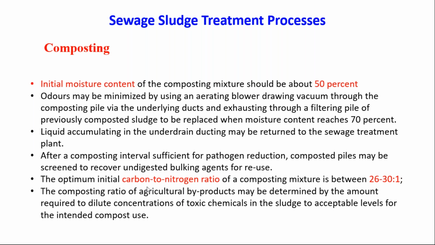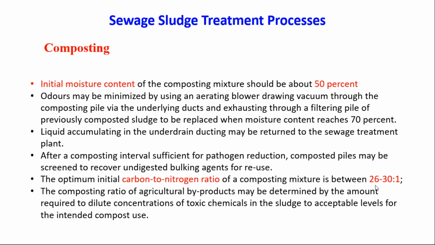The optimum initial carbon to nitrogen ratio of the composting mixture is between 26 to 30 to 1. The composting ratio of agricultural byproducts may be determined by the amount required to dilute the concentration of toxic chemicals in the sludge to acceptable levels for the intended compost use.